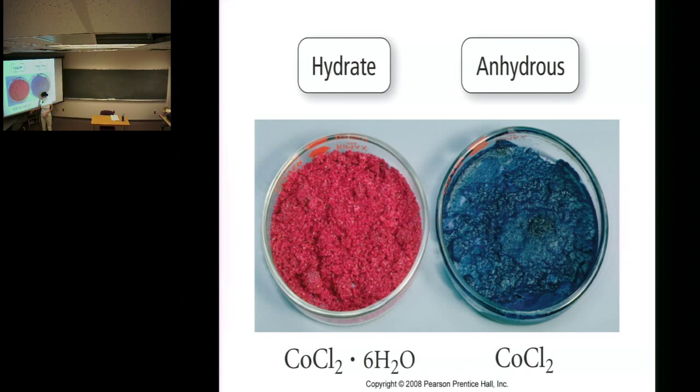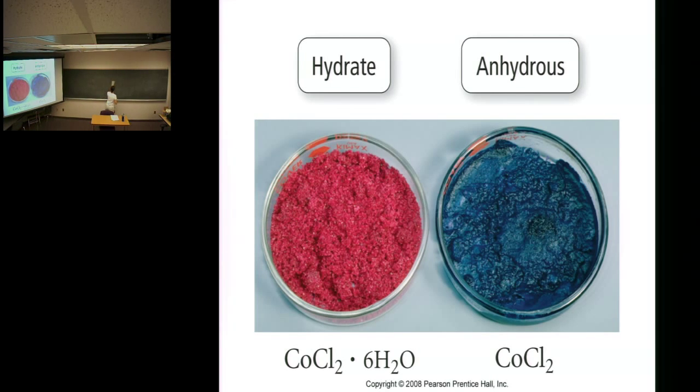So cobalt(II) chloride hexahydrate. That dot means loosely attached, because you can heat that up and vaporize the water, and then what do we get? We get an anhydrous salt, just the cobalt(II) chloride. Looks a little different color, doesn't it? You're just driving off the water, and that's a hydrate.